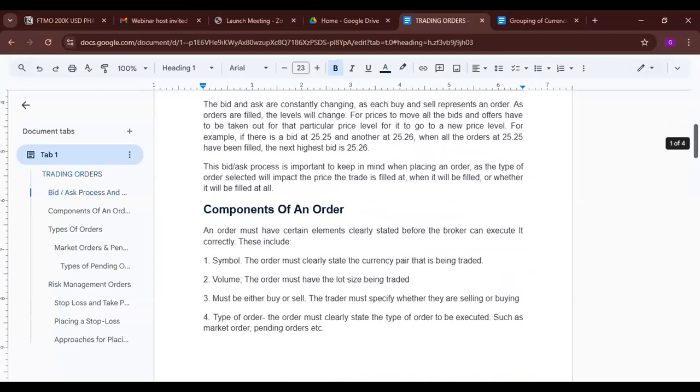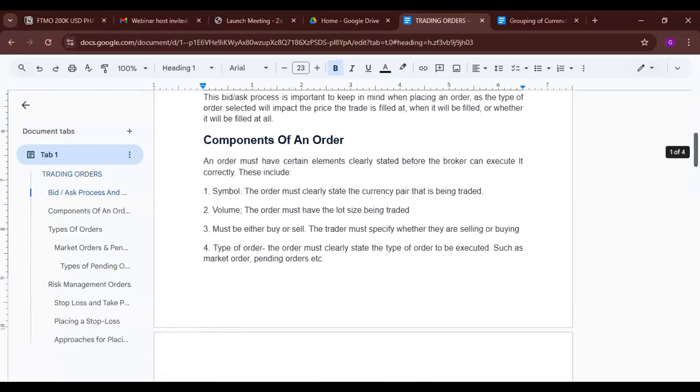Now, let me start with the components of an order, how an order looks and the components of each order. When I get to the trading platform, an order must have certain elements clearly stated before the broker can execute it correctly. One, you have the symbol. Remember when we were discussing the currency codes, these are the symbols.